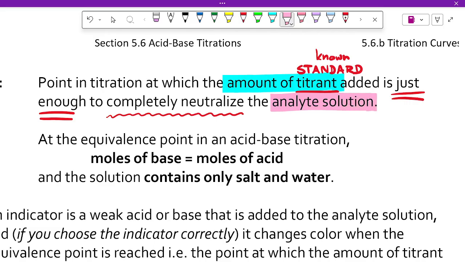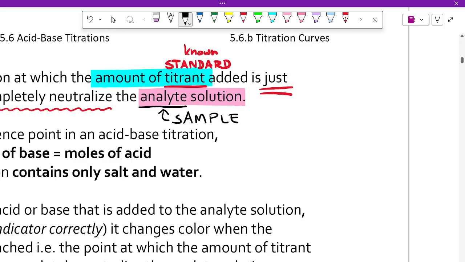What's another word for the analyte? That is our sample. And is that our known or our unknown? That is our unknown. However, we do know its volume, okay? If we added it, yeah, we put like, say, 10 milliliters in our flask, okay?